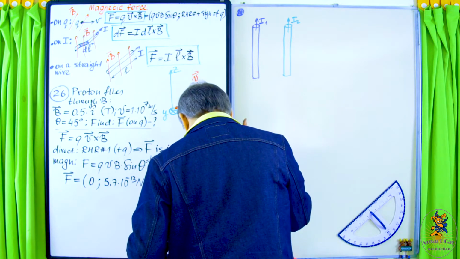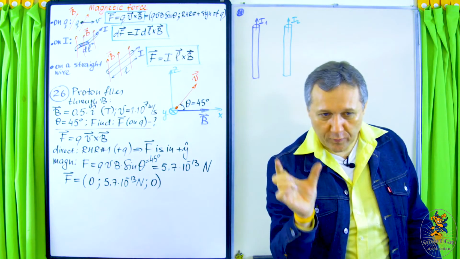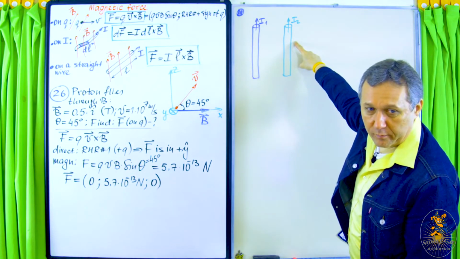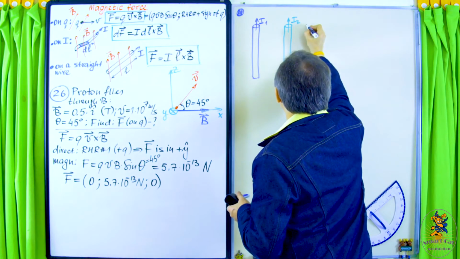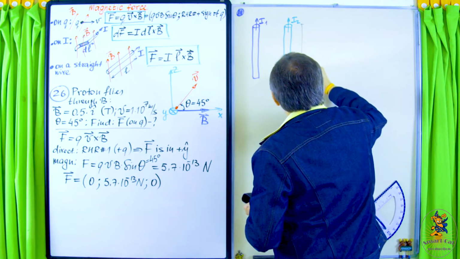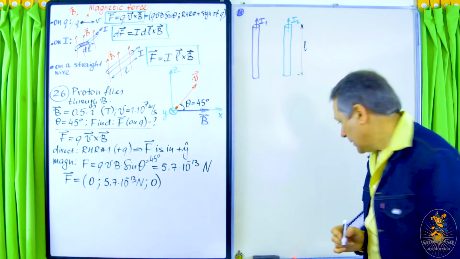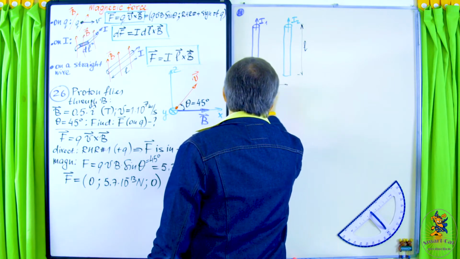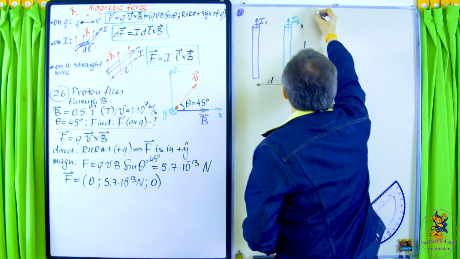As I said, they're basically infinitely long, but we want to find the force acting on this wire I2 of length L. Let me show that this length is L. D is given, the distance between these two wires. So let me write what is given.